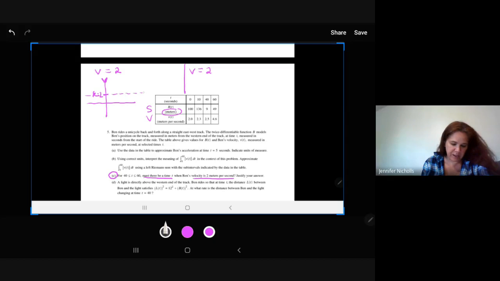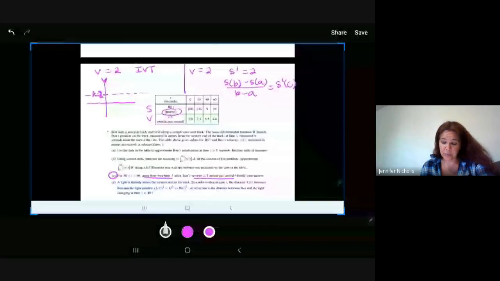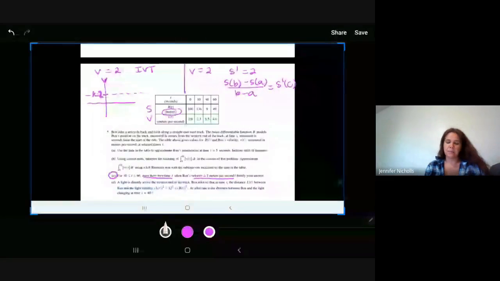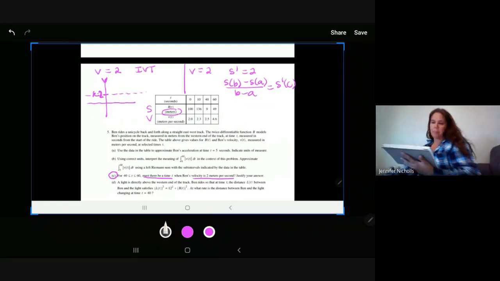So some V value is above it and some V value is below it, and I could use intermediate value theorem. Or I could say V is really S prime equals 2. So if S prime equals 2, maybe I could do (S(B) minus S(A)) over (B minus A) equals S prime of C. So if the left side turned out to be 2, then maybe this would work. So that's my thought process.